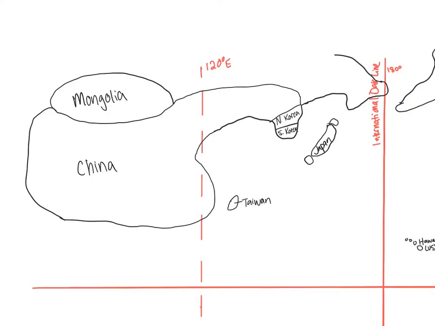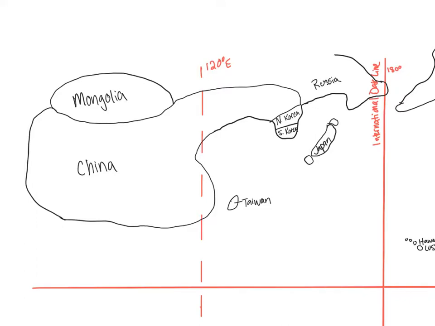And those countries right there is what's going to make up East Asia, all of this right here. We can label Russia, but we'll do all of Russia later, okay?